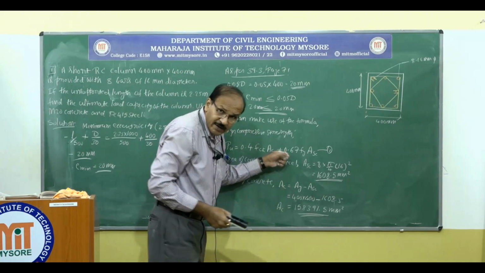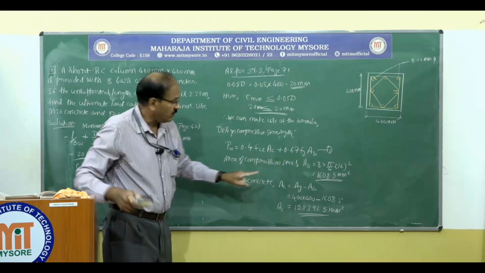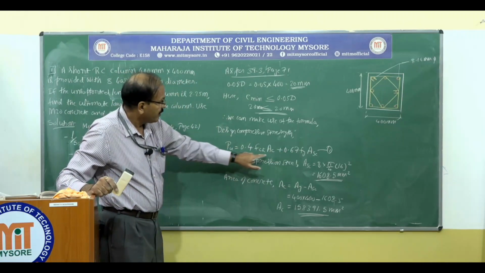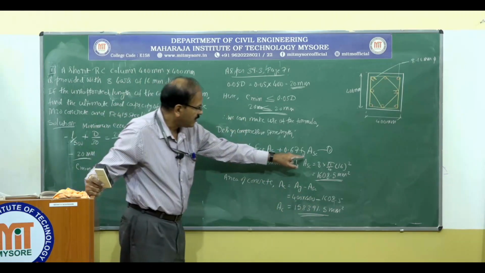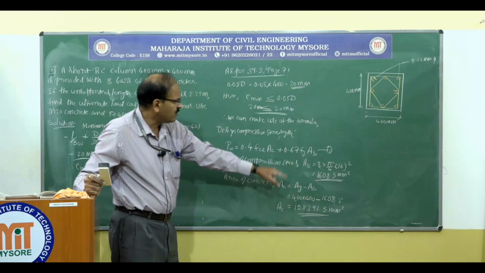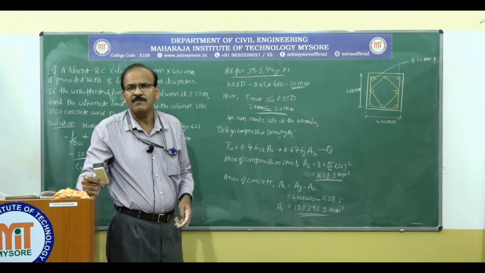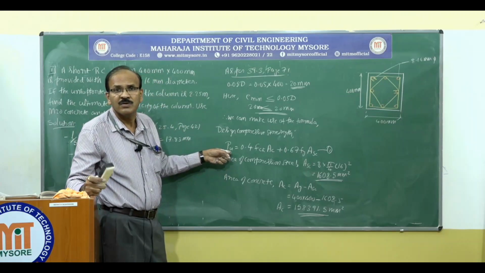So if we come to equation 1, fck is known, fy is known, that is given. Area of concrete is this, and the area of compression steel is this. Substitute all the values in equation 1, so we are going to get the Pu value.